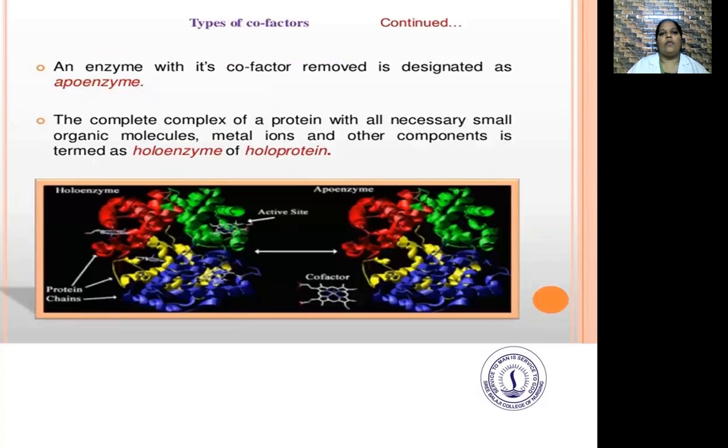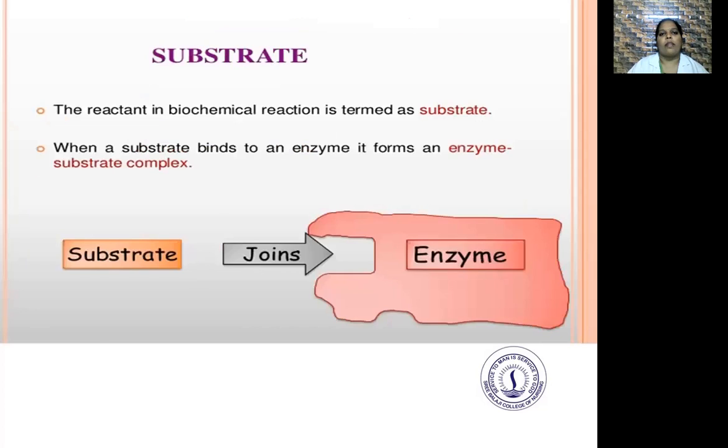An enzyme with its cofactor removed is designated as apoenzyme. The complete complex of a protein with all necessary small organic molecules, metal ions, and other components is termed holoenzyme or holoprotein.